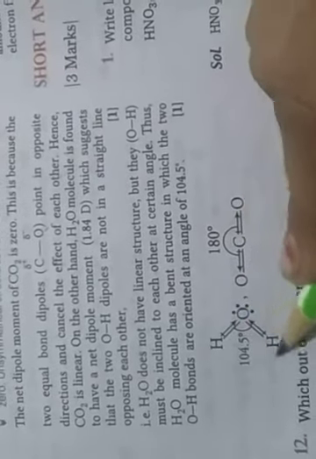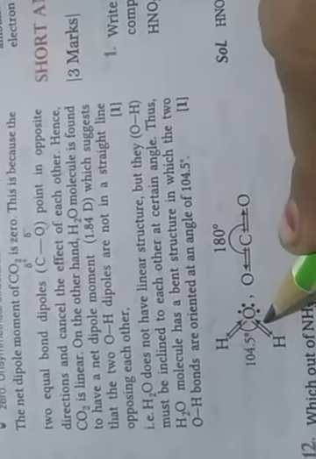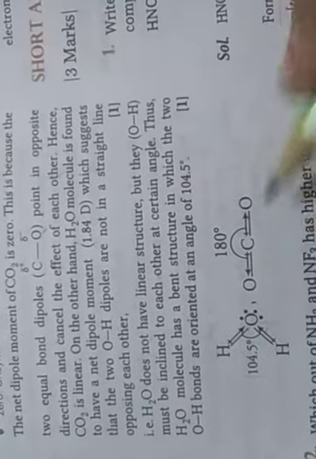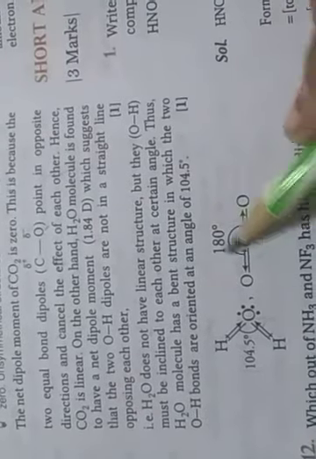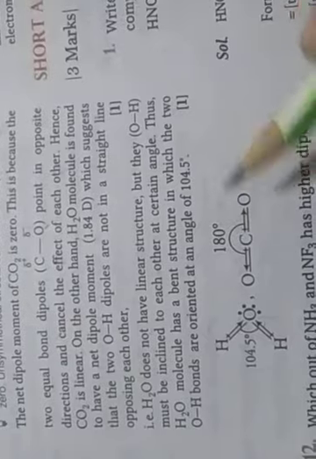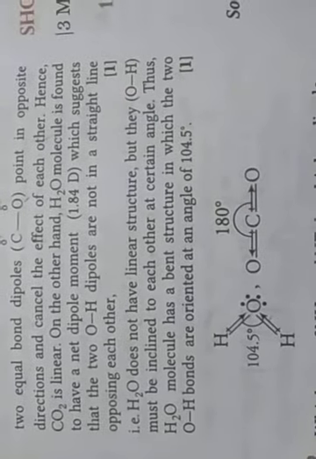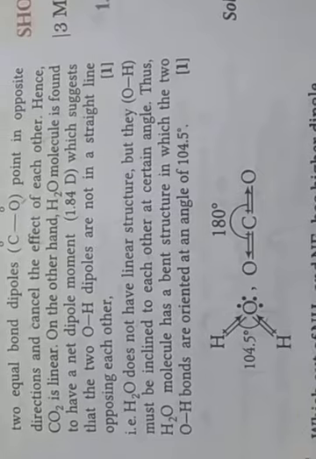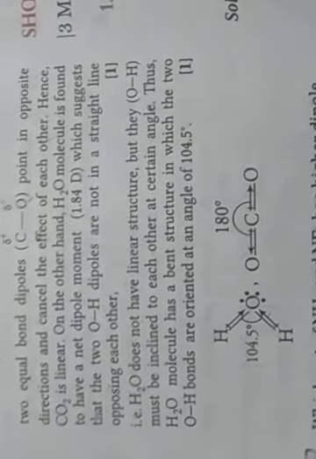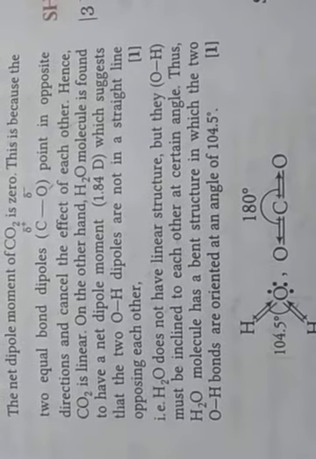So it has a bent structure. Okay, clear? Whereas CO2 is linear, with a 180 degree angle between the C=O bonds. Okay, clear? So for this reason CO2 and water are triatomic, but the shapes are different. Water molecule is bent and CO2 is linear. So the only reason is dipole moment.